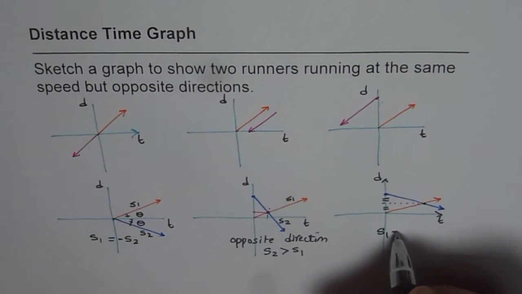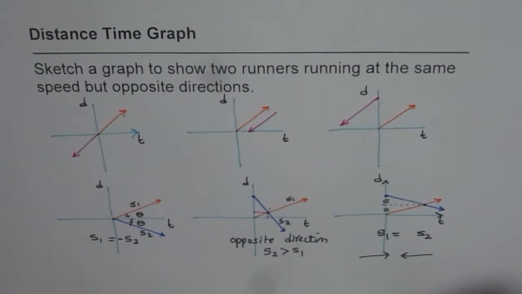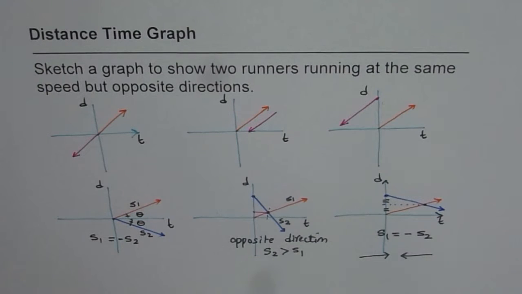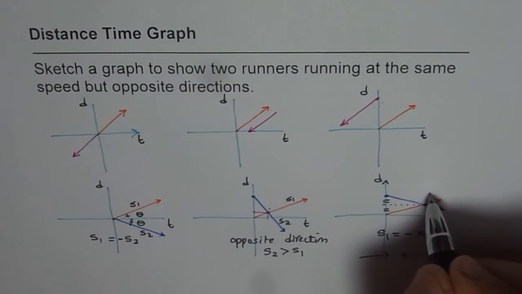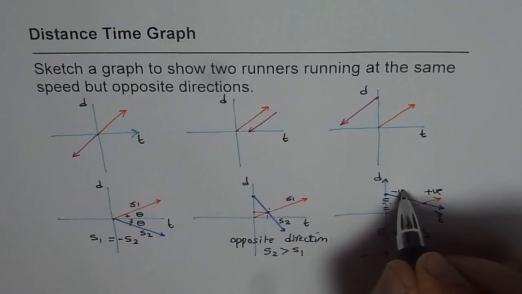So S1 is equal to S2. Since they meet, that means what? They are meeting because they are running in opposite directions. Otherwise they couldn't meet, right? So therefore it is negative. Even from slope, the slope is positive, right? Here the slope is negative.